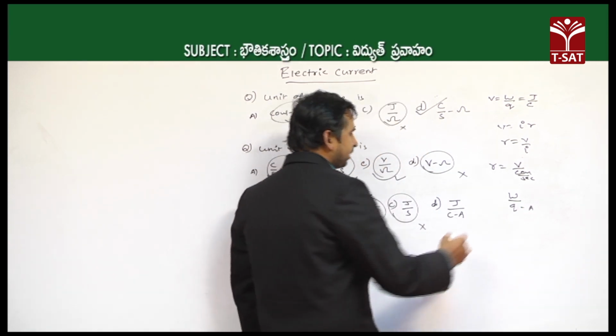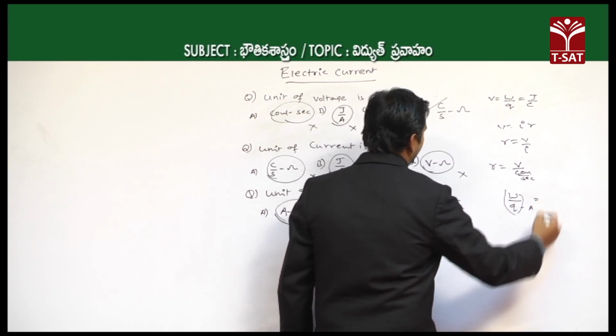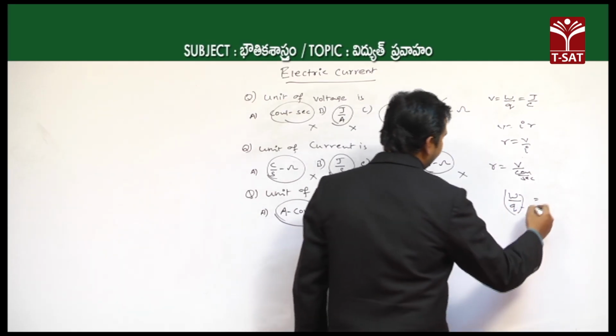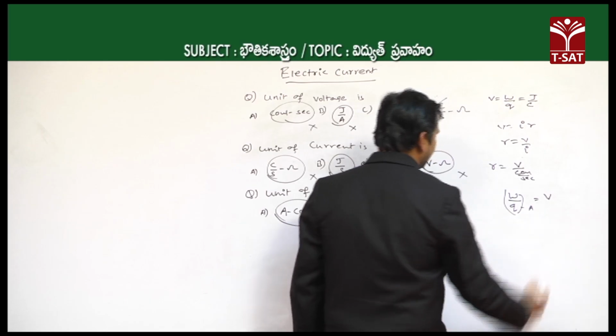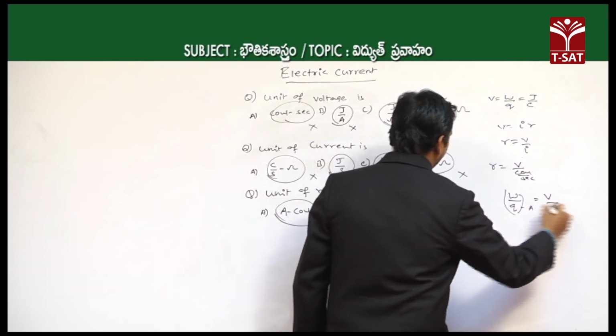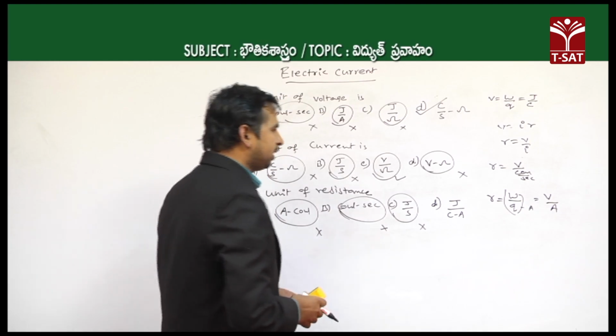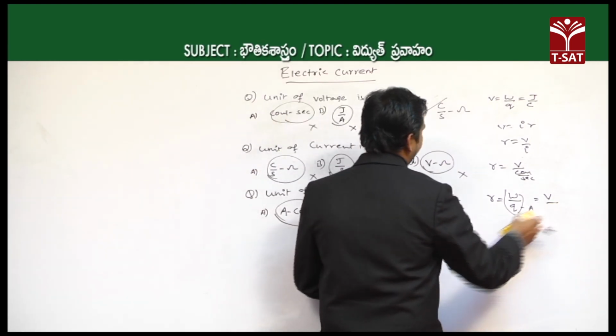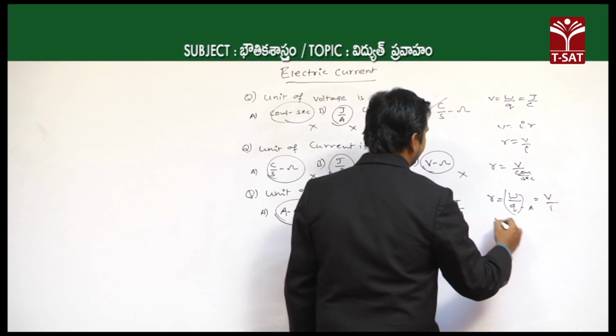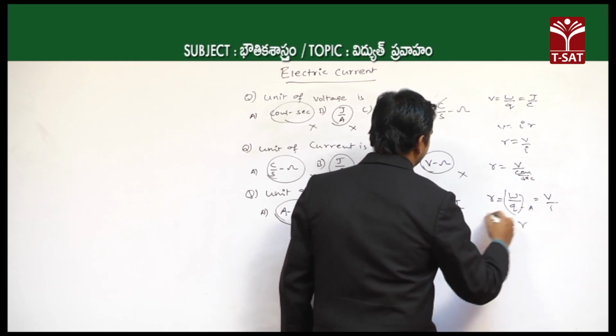W by Q is nothing but voltage. So we can write W by Q as V, then divided by A gives R. Since A is equal to I, V by I is equal to R.